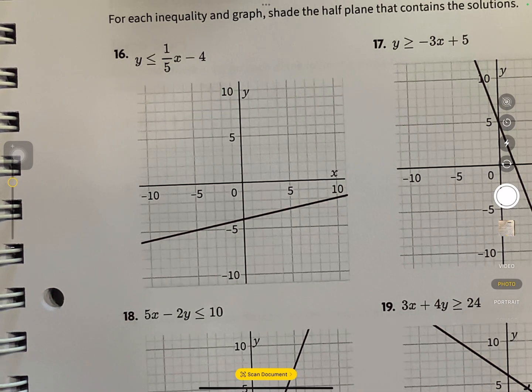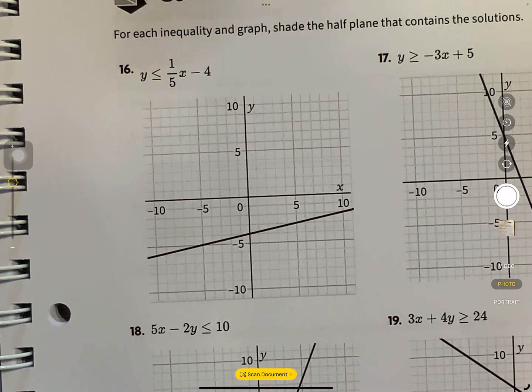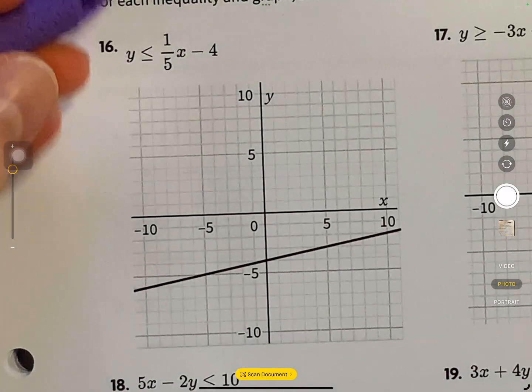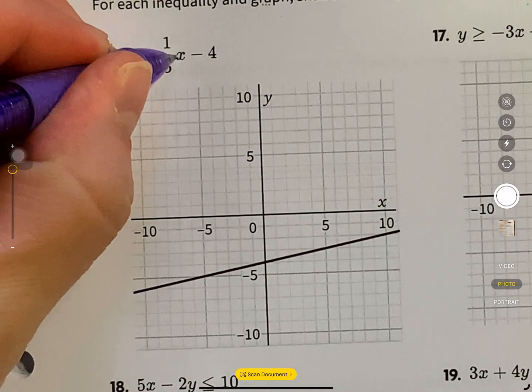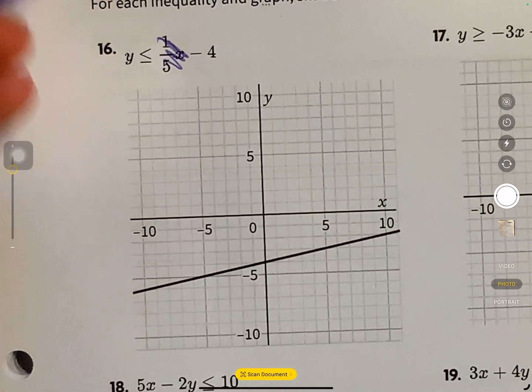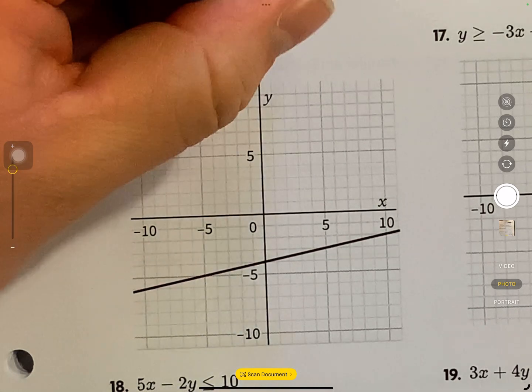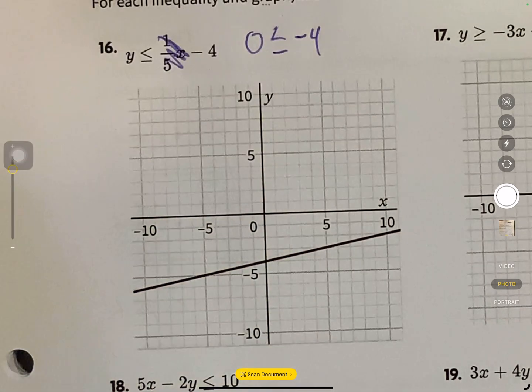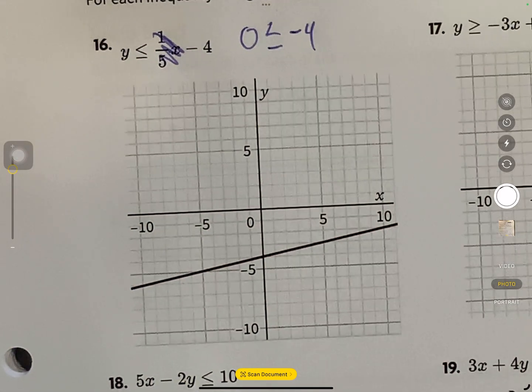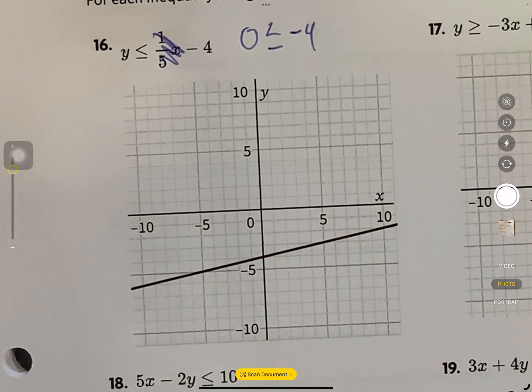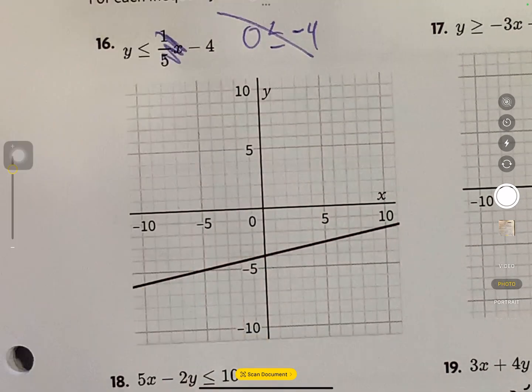I think everyone in here should know how to shade. If you plug in 0 and 0, all this gets canceled. So all that's left is 0, the sign, and then -4. Again, is 0 less than -4? It's not. So we're not going to shade where the origin is.